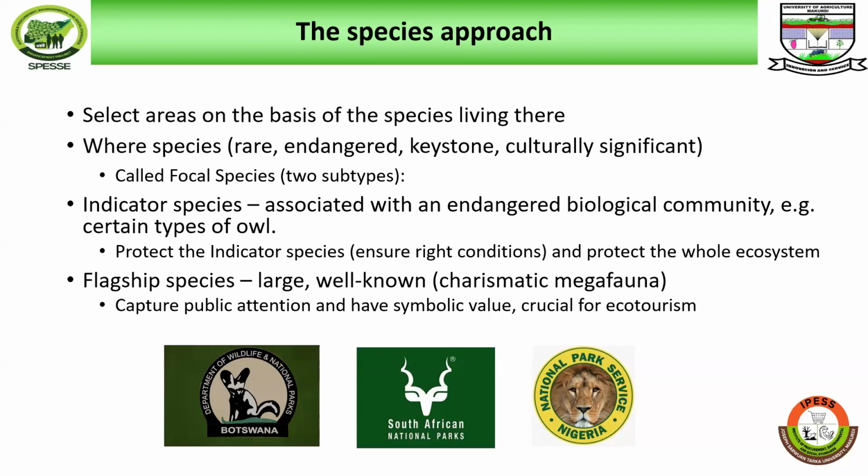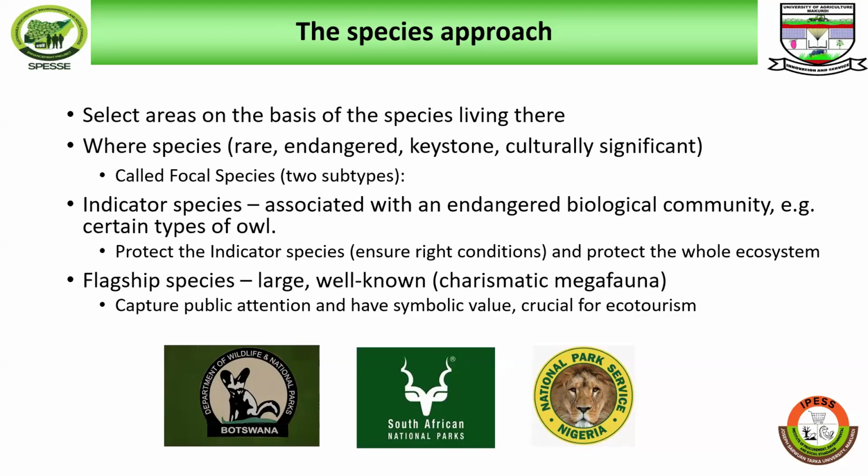And so an example would be certain types of owls. You protect the indicator species, you ensure that it has the right condition and that same ecosystem that supports it to survive. That would be the approach.